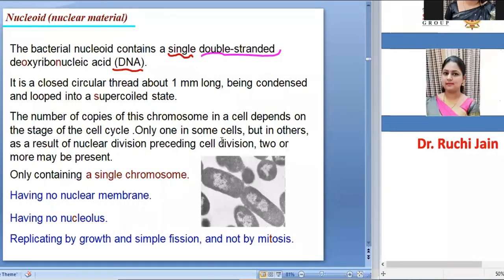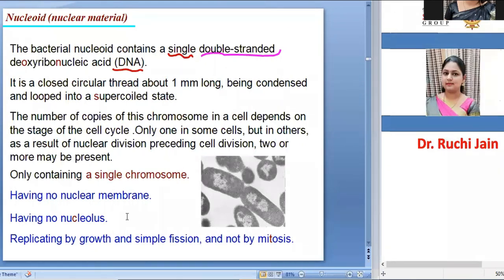Generally there is one nucleoid in one cell. If the cell is dividing, we can see two or more nucleoids present. So it contains only a single chromosome.